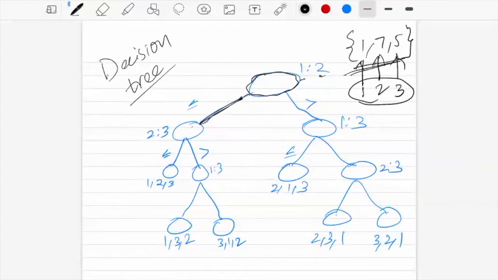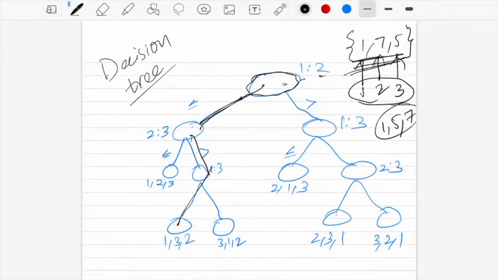Now if I try to prove the time complexity for this decision tree, I'll place the first and second index in here, and then check whether it is less than or greater. Through this array, we can observe that we'll get the output 1, 5, 7 in this manner.